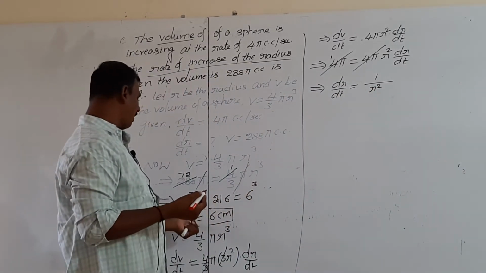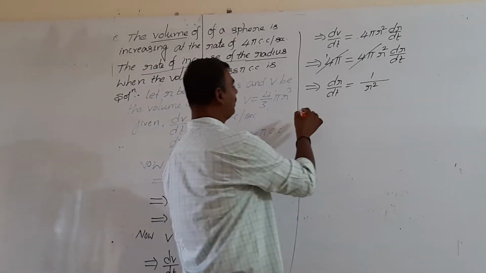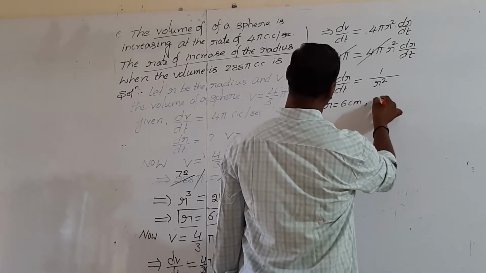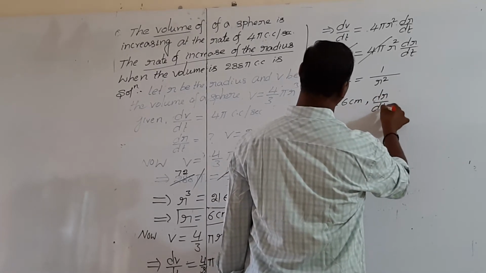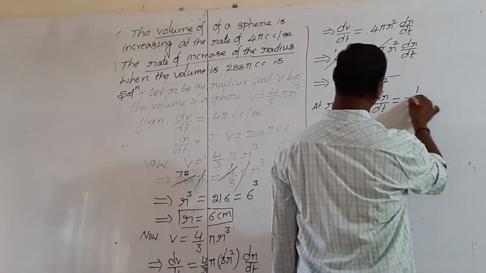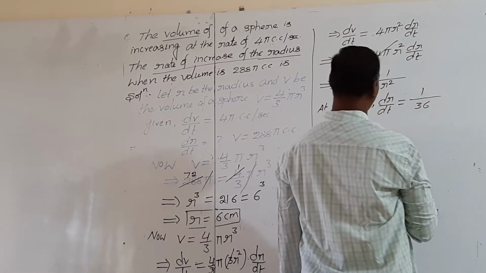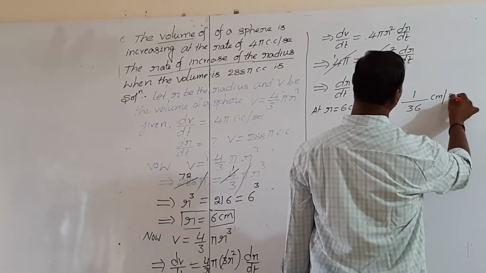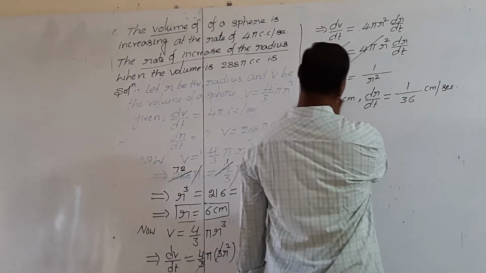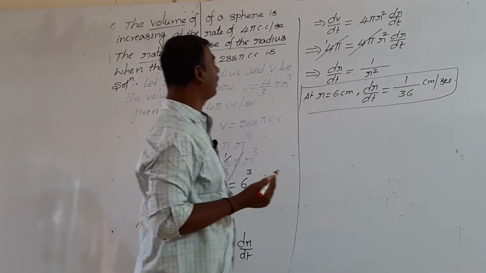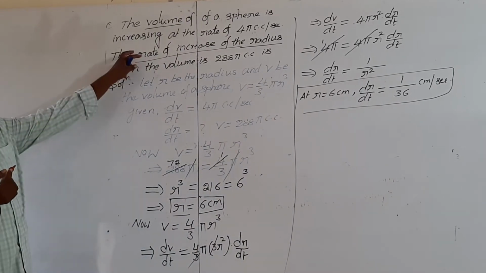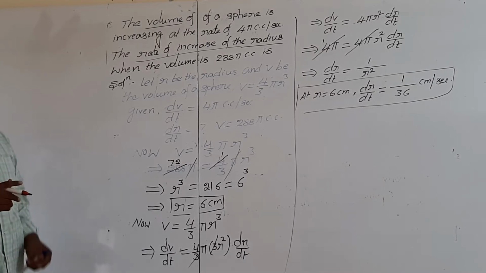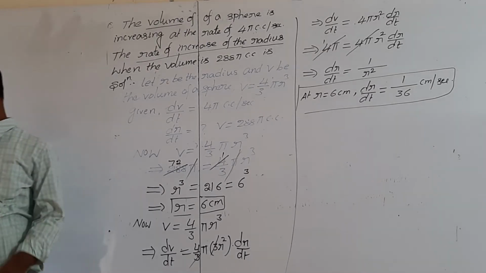Now at the given instant, r is equal to 6 centimeters, dr by dt will be 1 upon 36, 6 whole square. The units are centimeter per second. So this is the rate of change in the radius of the sphere. At what rate is it increasing? 1 upon 36. Let us see once again this problem.